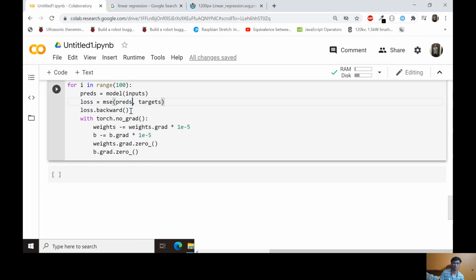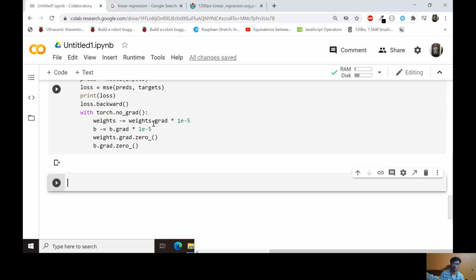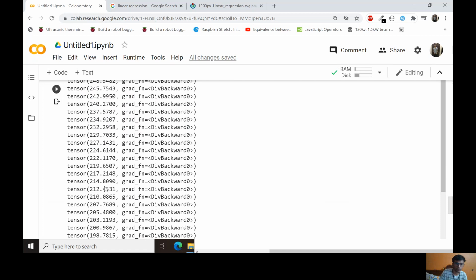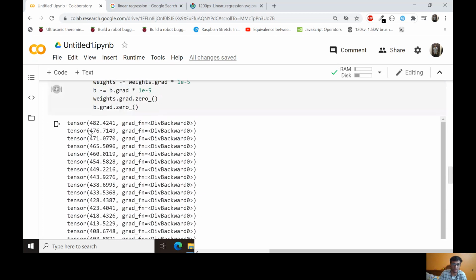I'll print the loss function so that you can see what the error is that I got. So here are the 100 epochs that we generated. Initially, the loss was 482. As I just told you, it will decrease gradually as we move on.